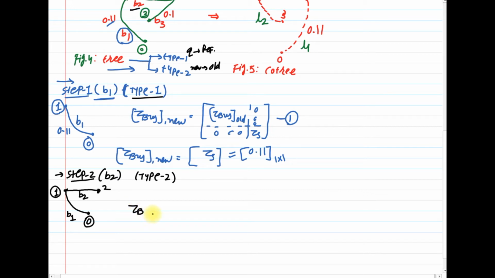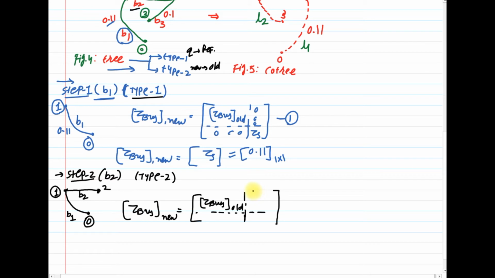ZBus new, which is equal to ZBus old and the column vector and the row vector.